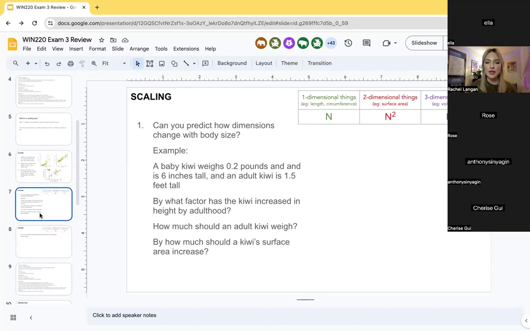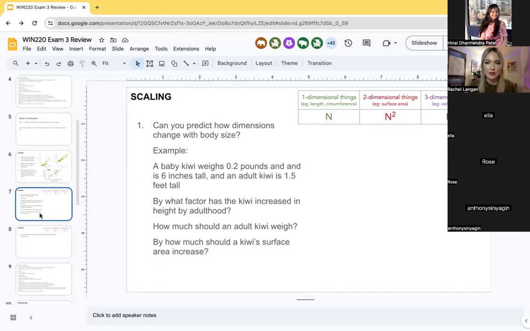Yeah, so if I was asking you what is the surface area, I would have to say, tell me the surface area, not by how much it is going to change. Yeah, you just have to be careful. And that's something you could raise your hand and ask me during the test. You could ask, is it asking me for how much or an exact number?